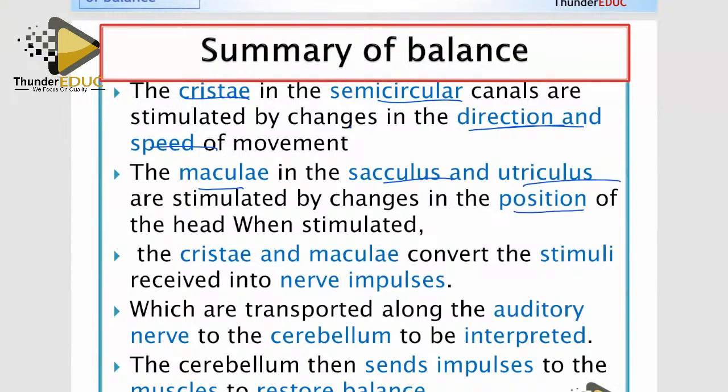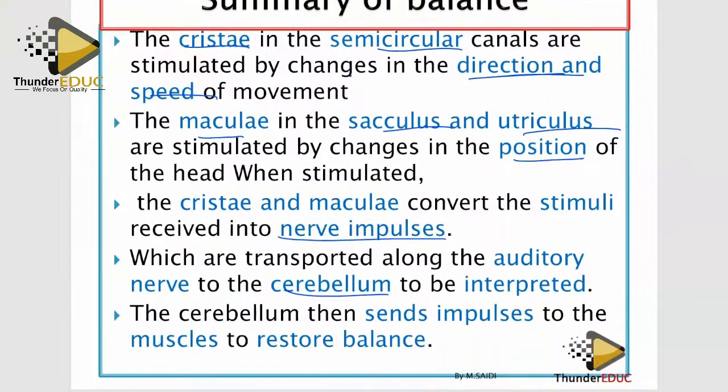The cristae and the maculae convert the stimuli into nerve impulses, which are transmitted along the auditory nerve to the cerebellum.